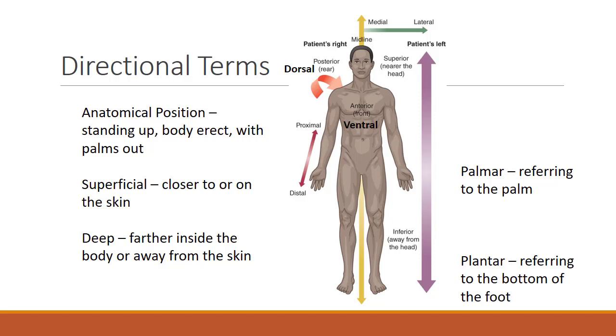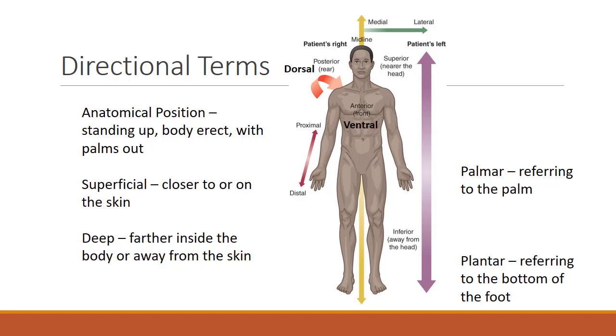The next term I have there is superficial, which means closer to or on the skin. So if someone has a superficial laceration, it means that it's a small sort of laceration, maybe something someone's cat may give them if they were scratched by their cat, or maybe cut with a knife, and it could be superficial.